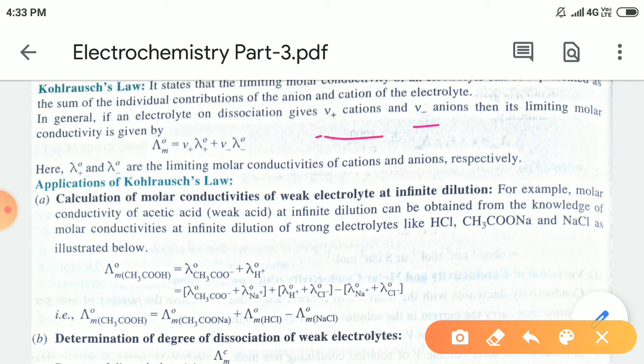Here lambda naught plus is the ionic molar conductivity of the cation and lambda naught minus is the ionic molar conductivity of the anion.